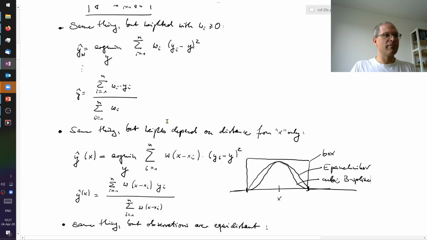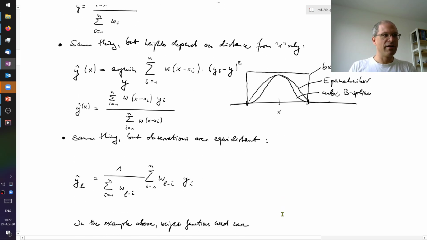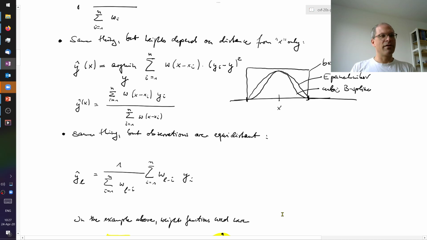Now, you see it's the same equation above, except now the weight depends on the distance from the location of interest, which is x. And then my formula looks like this. You can go over it after lecture if you want to look at this in more time. Finally, in signal processing and image processing, usually the observations are equidistant. Equidistant means the pixels all have the same distance from each other.